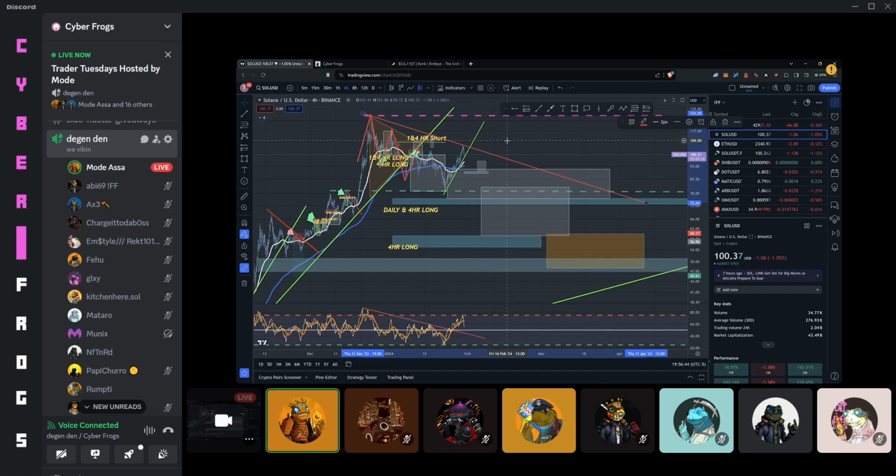Trend's your friend until it ends. Right now, it hasn't ended. It didn't make a higher high yet, even though that looks like a big pump. It is a big pump, but it failed to make the higher high. So we'll see if it finds support and blasts right through it, or if that was a temporary cap and we keep going down. What's your gut say, Mode?